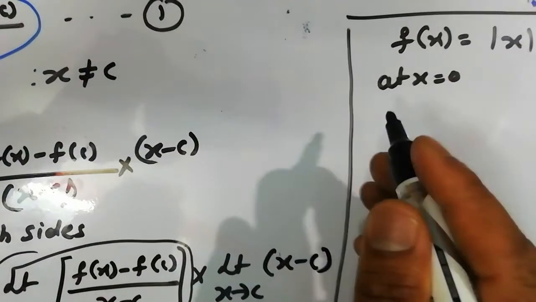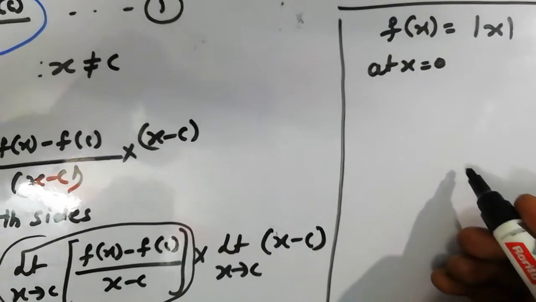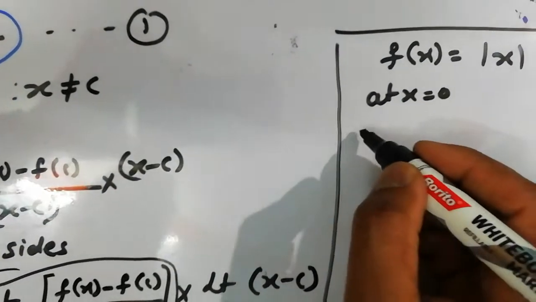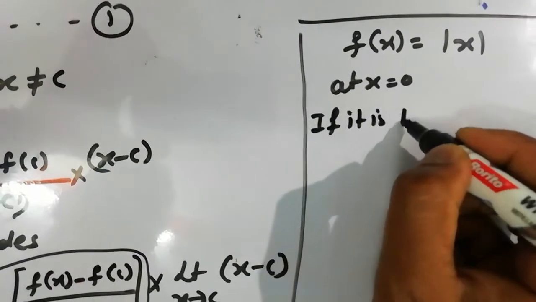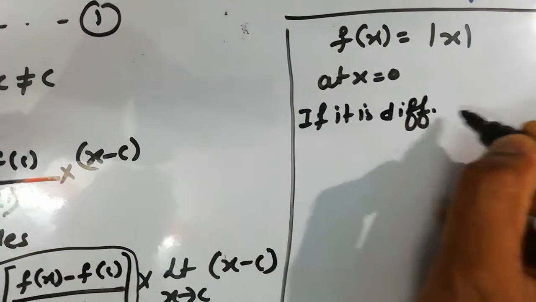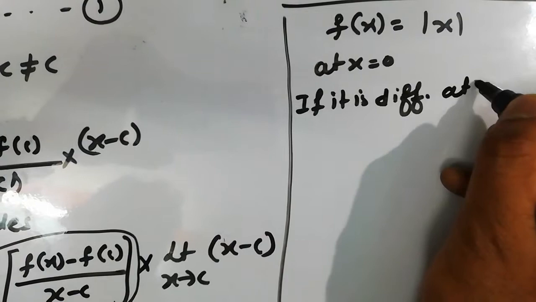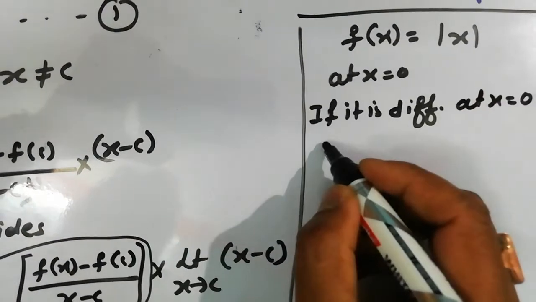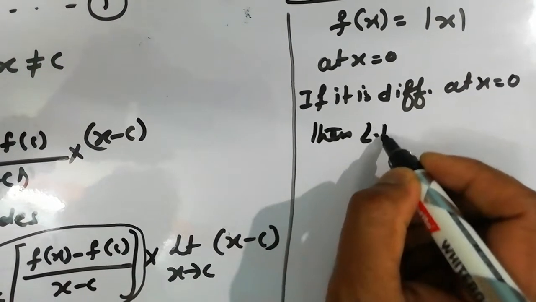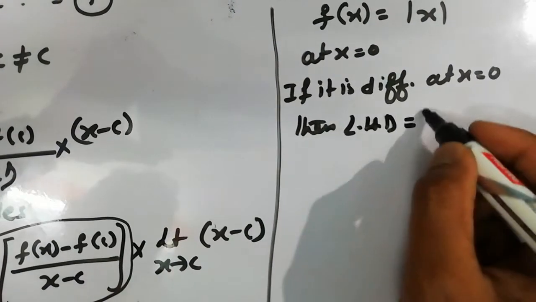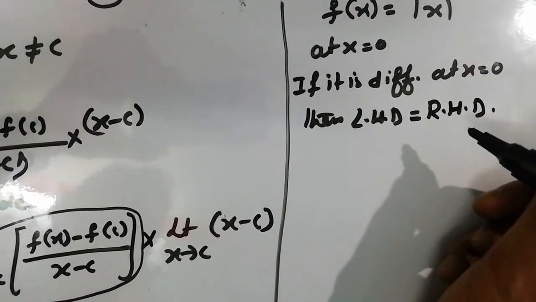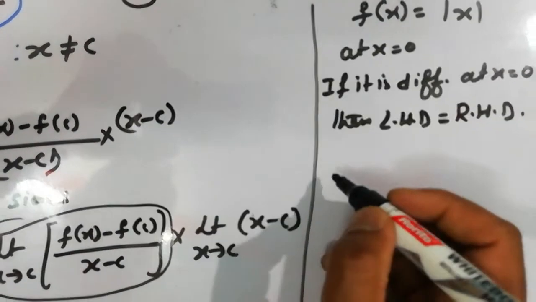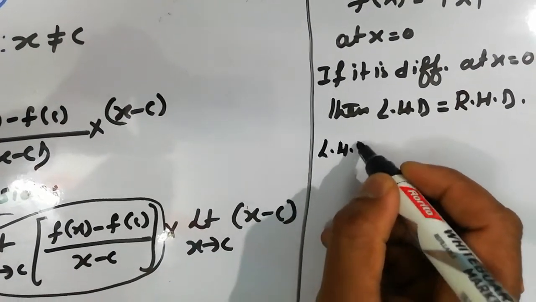It means the left hand derivative should be equal to the right hand derivative, equal to a finite value.